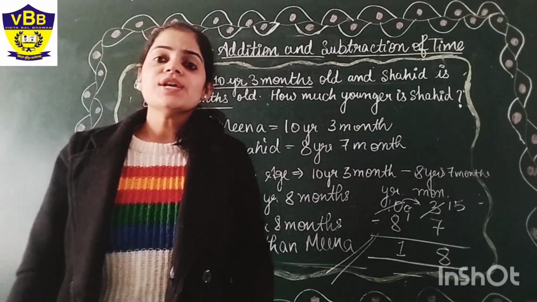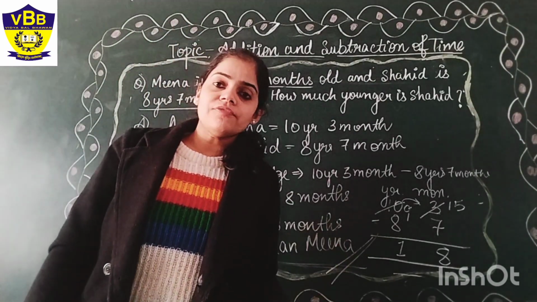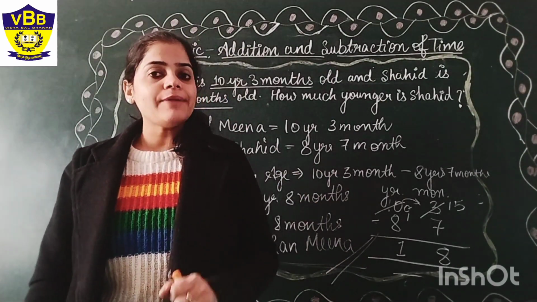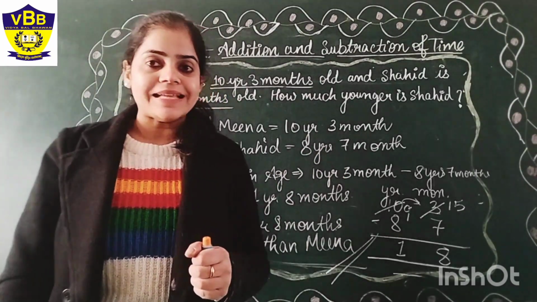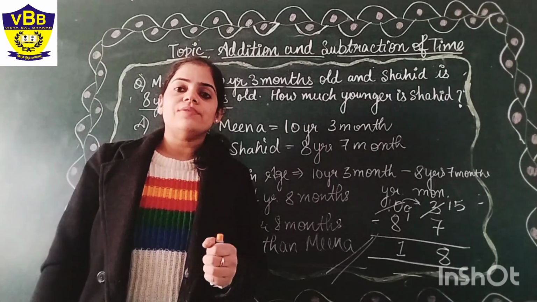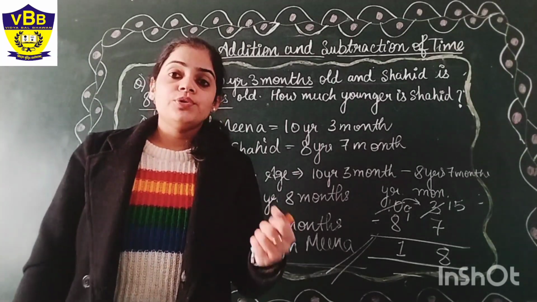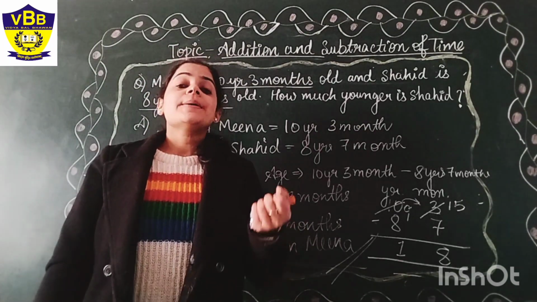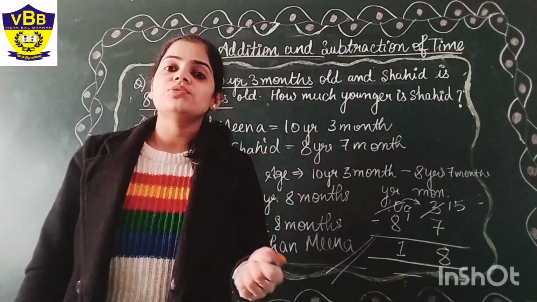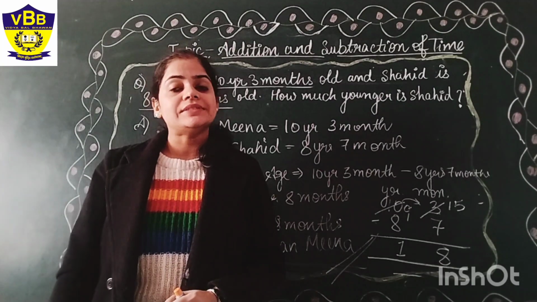In today's class, we have done the addition of time, subtraction of time and some story sums of time. I hope you have understood it in a very good way. But for that understanding, you have to practice it at home. Practice the questions for sure so that the concept will be clear to you.